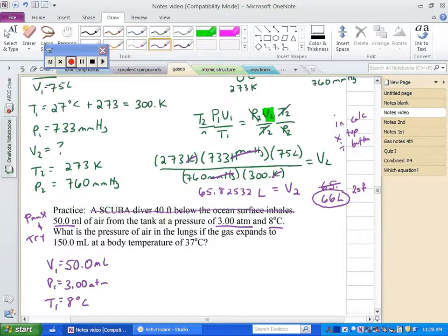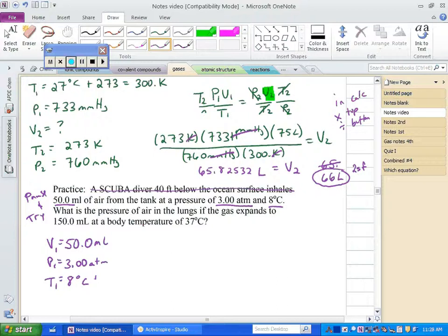There's my T1, but I can't use Celsius, so I need to make it Kelvin. 281 Kelvin. What is the pressure? So there's my unknown.